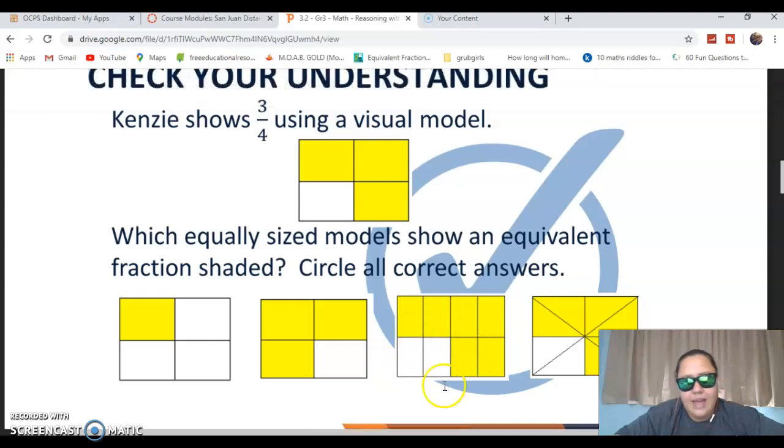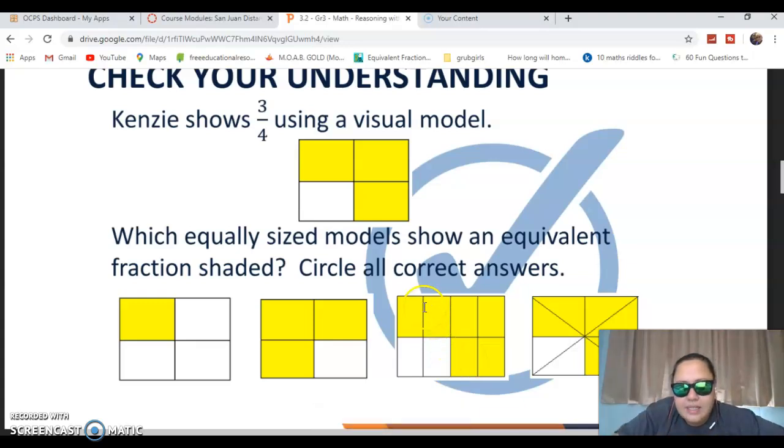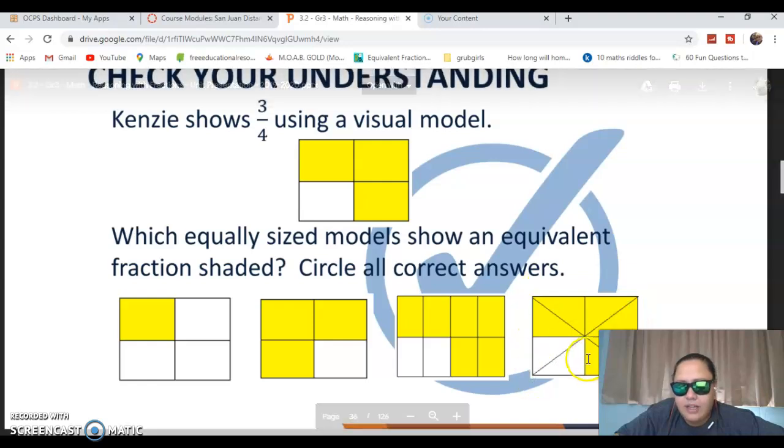Here we have 8ths, and they did 6 of them, 6/8. Well, if you just erase the inside lines, guys, these have the same amount colored in yellow. Even this one, they just cut this one differently. This is still 6/8. These 2 are actually the same fraction, just cut differently.